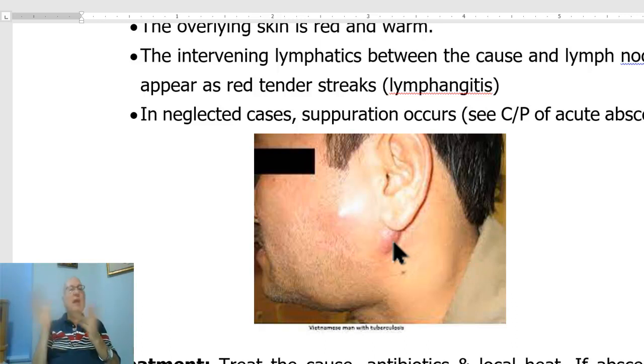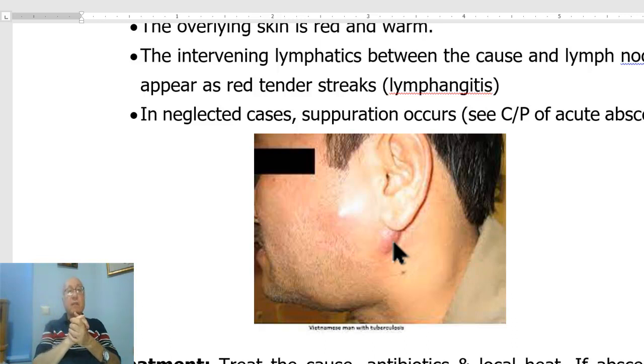The causative organism, any organism, staph, streptococci, pneumococci, gonococci, chronic, non-specific. This condition is very, very common, but unimportant clinically because the cause is usually present in all population.